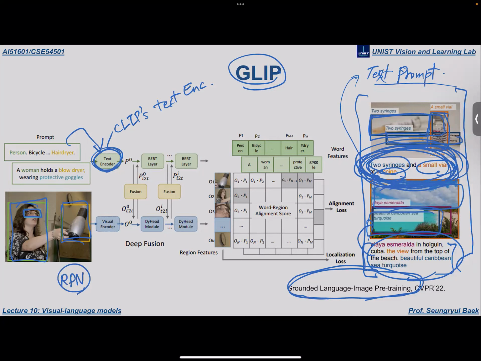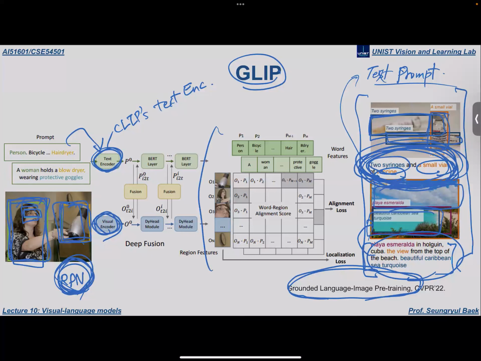The RPN is a differentiable network. Selective search is not a differentiable component; by applying some clustering algorithm, they can generate this kind of object proposals, but the RPN is a trainable component. Using the RPN, they first extract this type of useful object, and then they encode their sub-regions using the visual encoder they want to train.